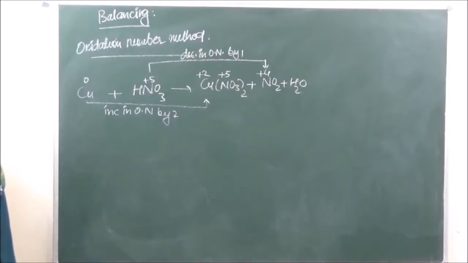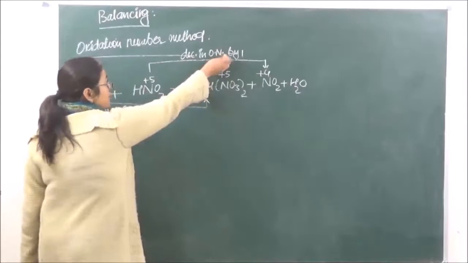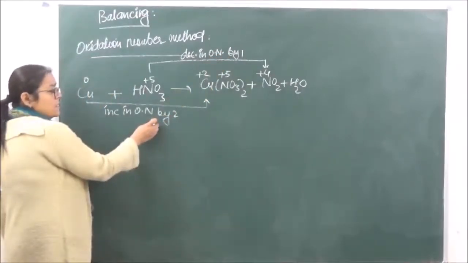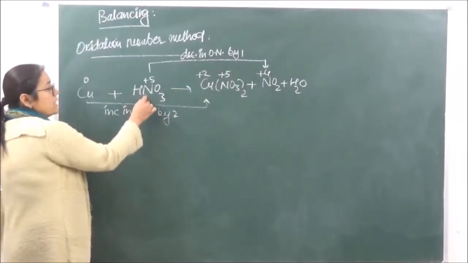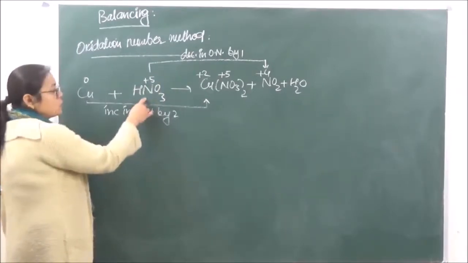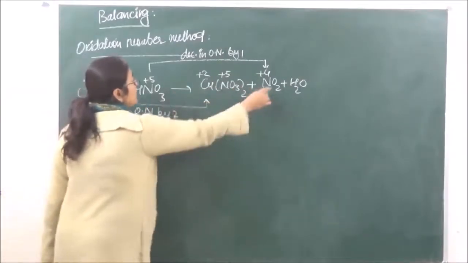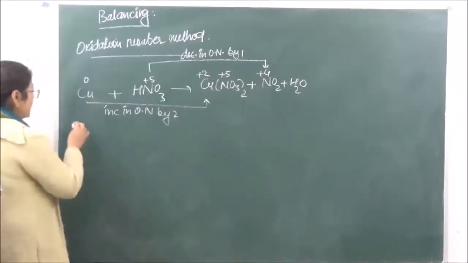First of all, let's do according to this. Here the oxidation number is decreasing by 1, and here the oxidation number is increasing by 2. So you need to cross multiply, and multiply this equation by 2. What are we going to get over here?